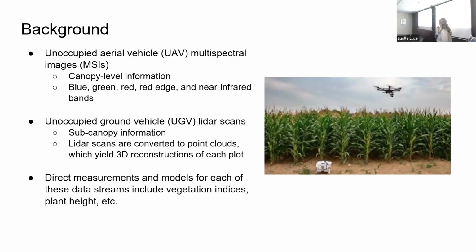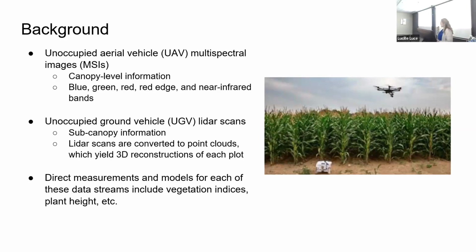The second is a lidar camera deployed on unoccupied ground vehicles. So the little ground rover car robot in the photo there. Lidar scans yield 3D reconstructions of entire plots, and in this way allow us to capture sub-canopy architectural information.